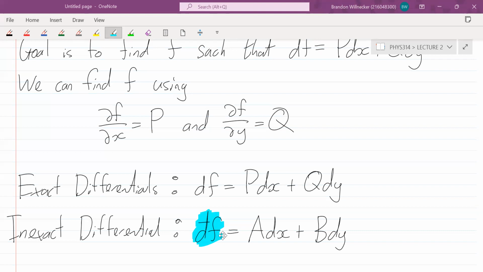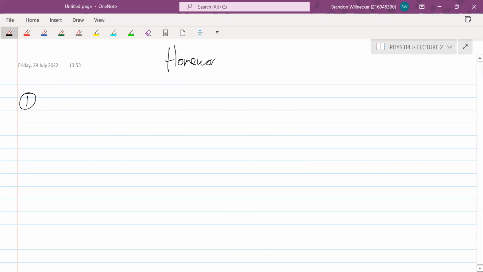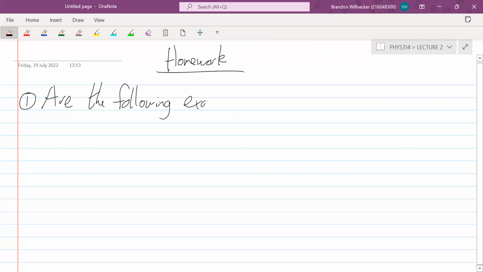Okay, let's give you some more homework just to work out this concept of exact and inexact. Number one, are the following exact or inexact? We've got a few here. 2xy dx plus x squared dy.